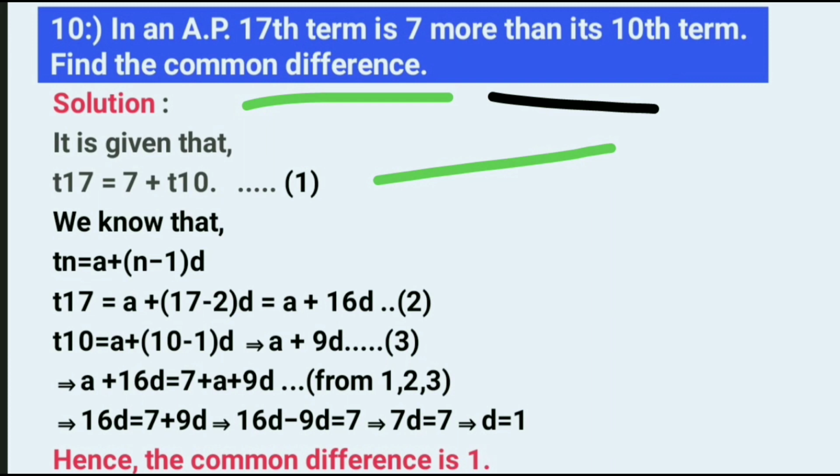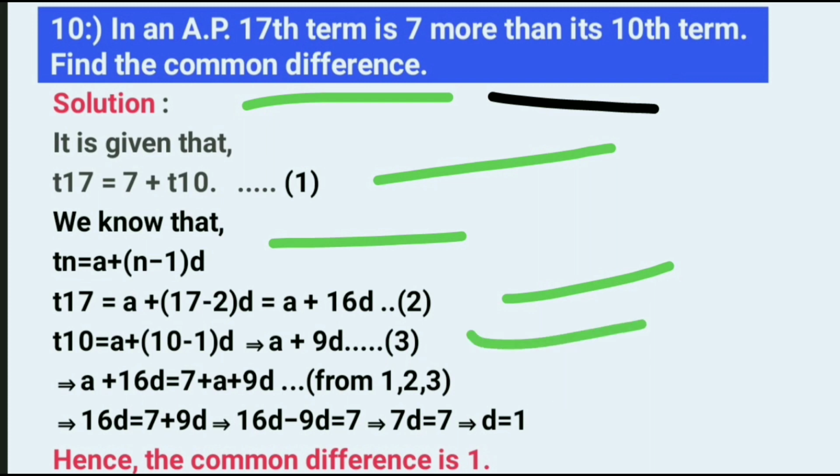We know that Tn is equal to A plus n minus 1 into D. Therefore, T17 is equal to A plus 17 minus 1 into D is equal to A plus 16D. That is equation number 2. Now T10 is equal to A plus 10 minus 1 into D is equal to A plus 9D.